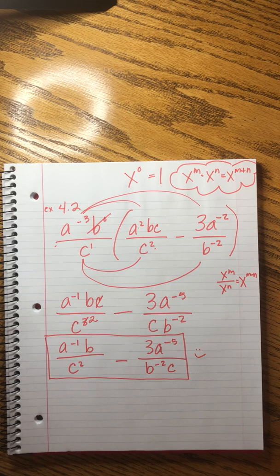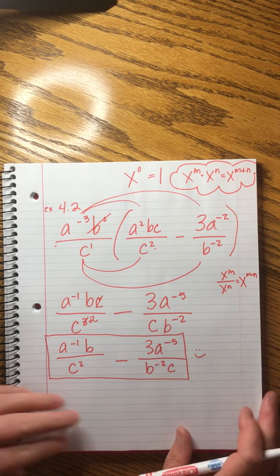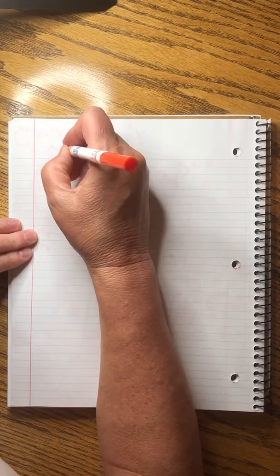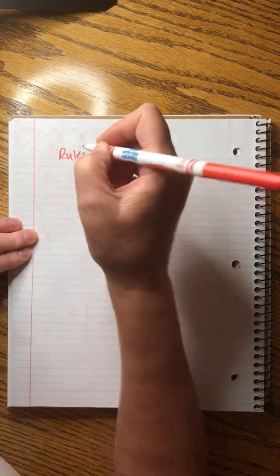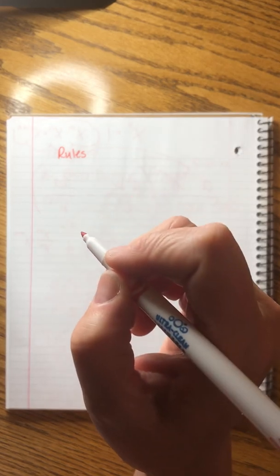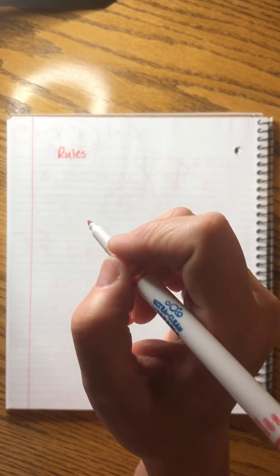All right, moving on. We're gonna start solving some basic equations. You've done this before many times. We'll just get to work on it. The rules of algebra. And I think we're just gonna cover the first two today.